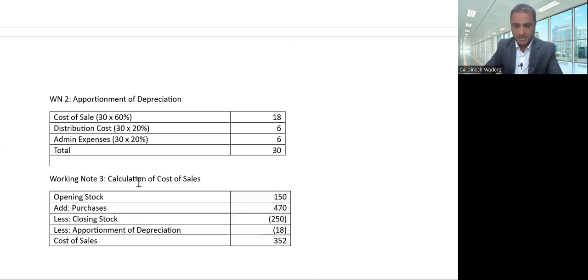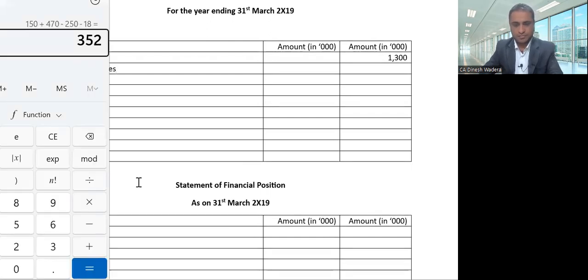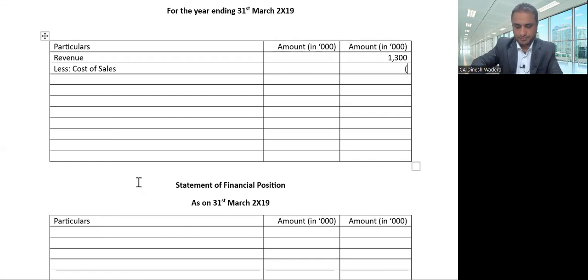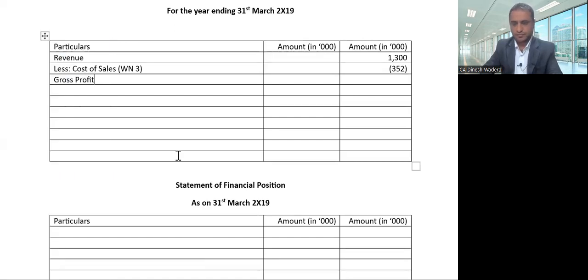Okay, so now we get back to our income statement. Less cost of sales, 352. You can mention here where you have calculated it. It has been calculated in working note number 3. Always put proper references where you have made the working. So here we get a gross profit of 948.